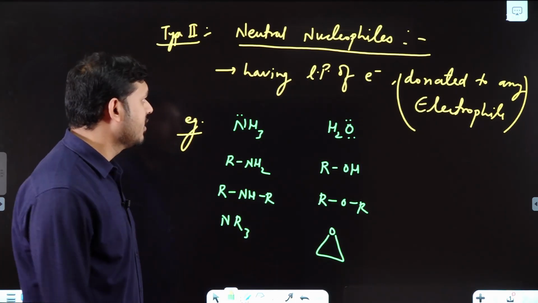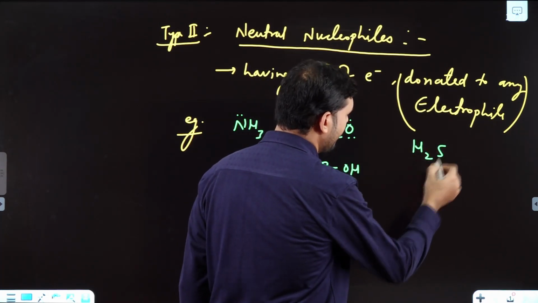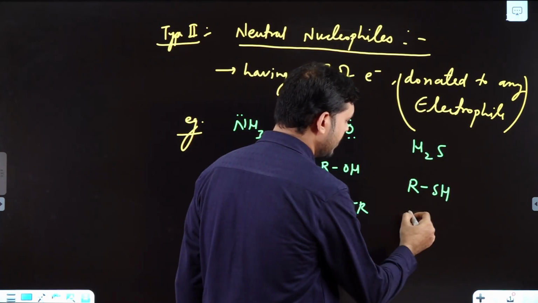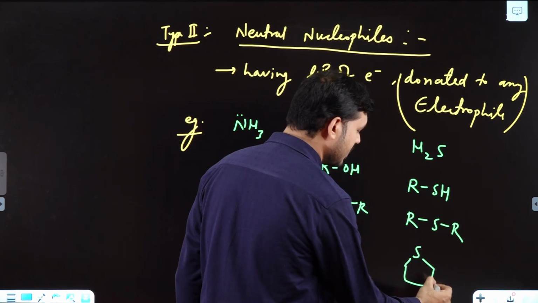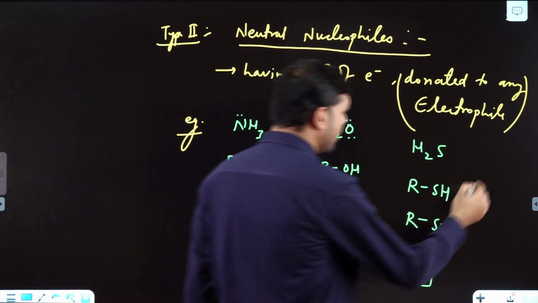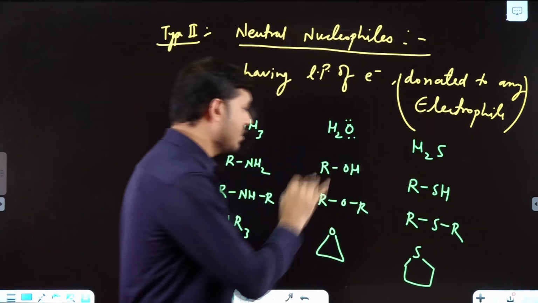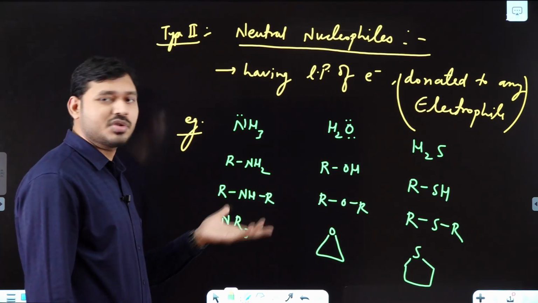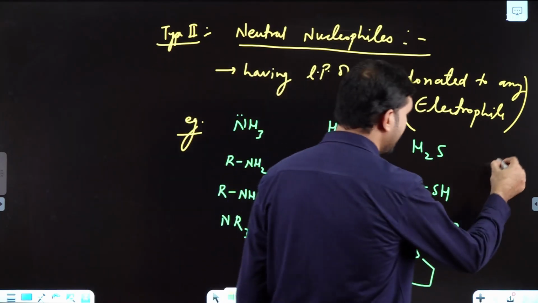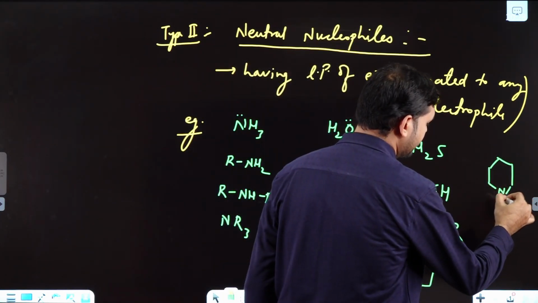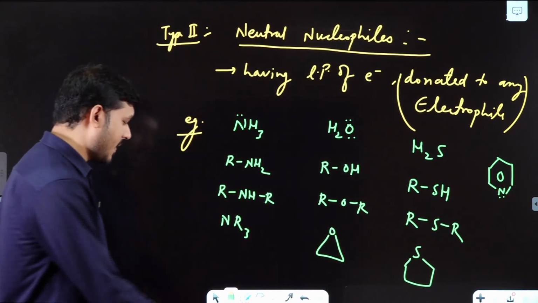So all these are lone pair carrying groups. Now if I say H2S, then again RSH, then RSR, thioether, cyclic part as well. These all cases. Okay. Now all possibilities of lone pair carrying groups I have mentioned here, most of the cases, right? Clear? So these are all lone pair having groups. Pyridine is one of the good examples of lone pair carrying nucleophiles. Clear to all? Okay.